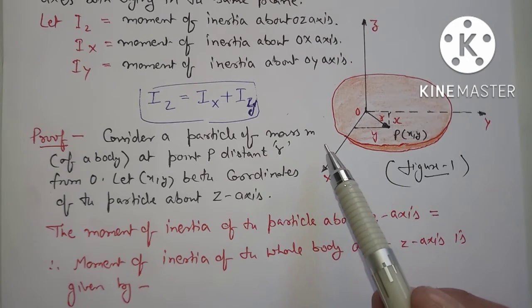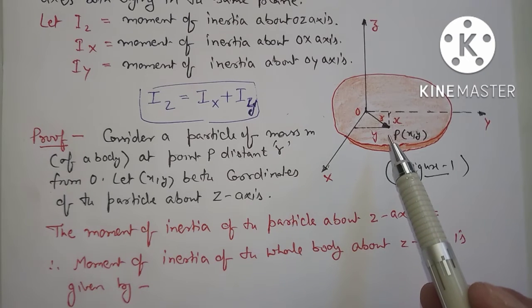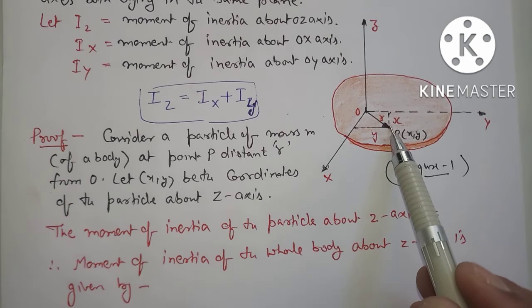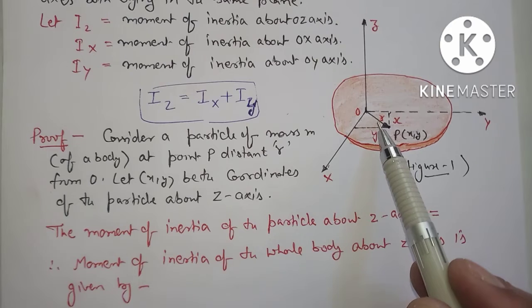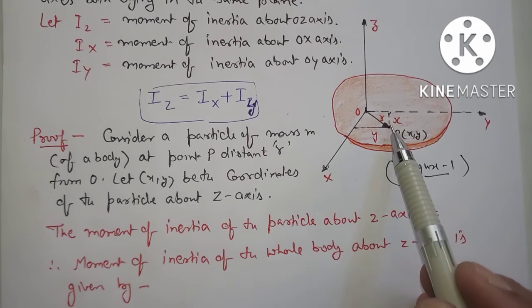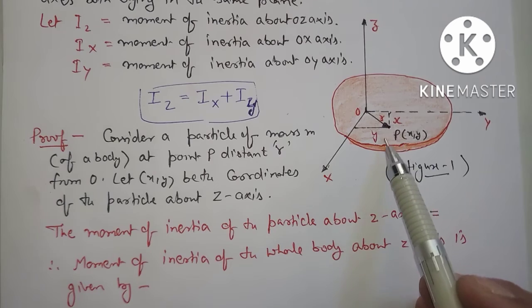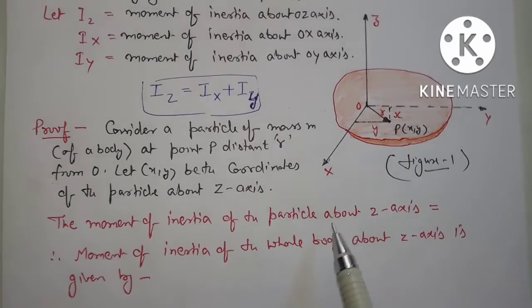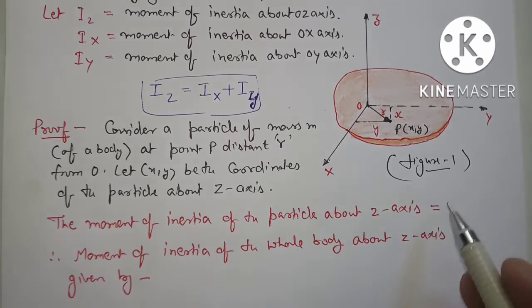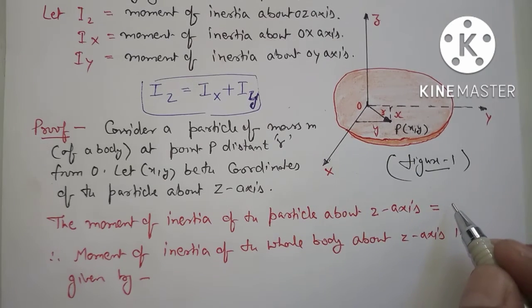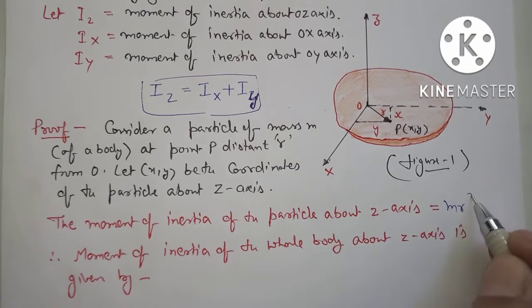Consider a particle of mass m of a body at point P, which is at a distance r from the origin. Let P(x, y) be the coordinates of this particle. Then the moment of inertia of the particle about the z-axis is equal to m r squared.